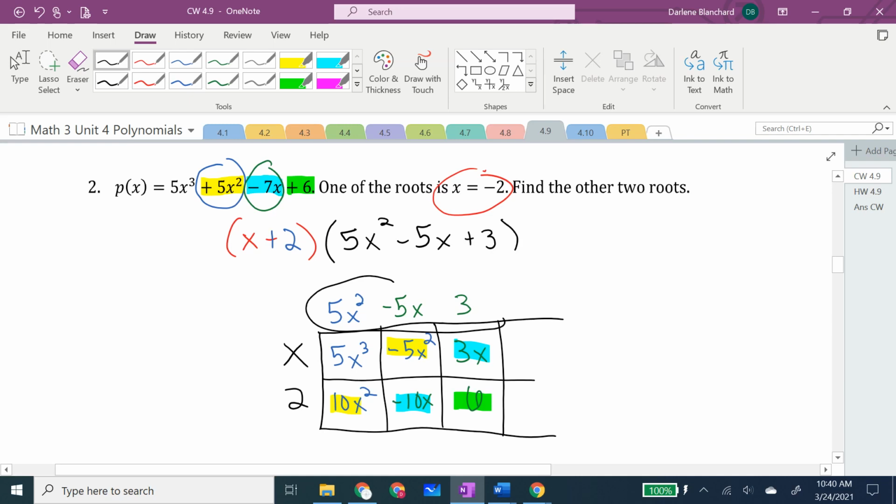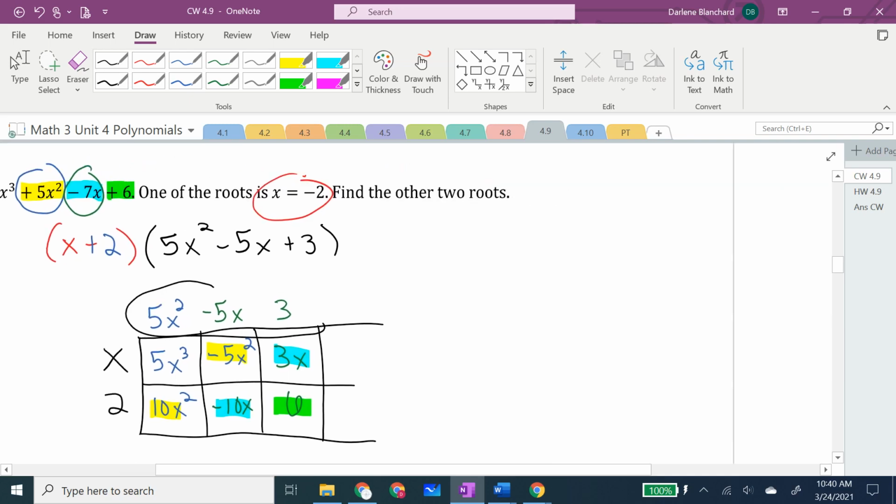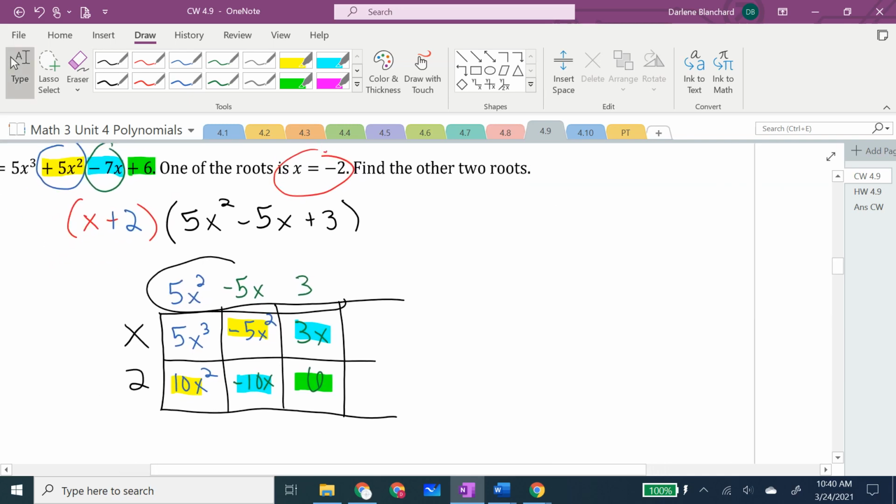But to find the other two roots, I need to factor further. I can always use the quadratic formula if I want. With factoring further, I know that I'm looking for 5 times 3 is 15, and then negative 5 is my middle coefficient.